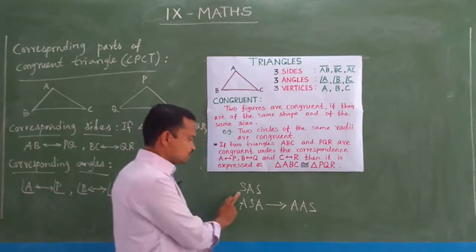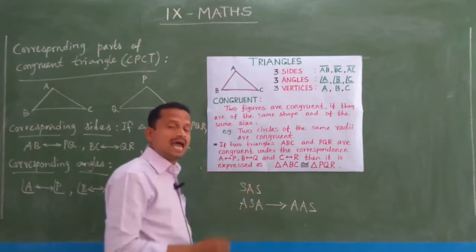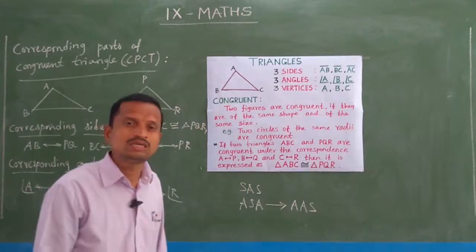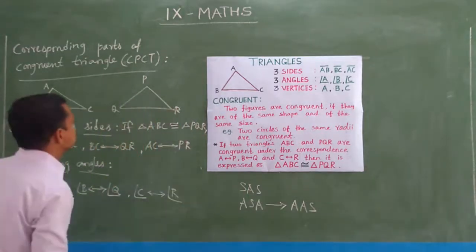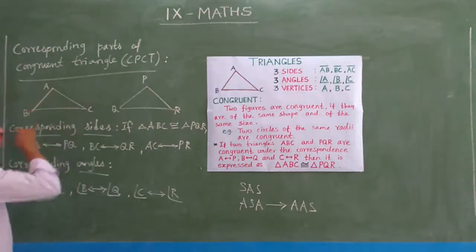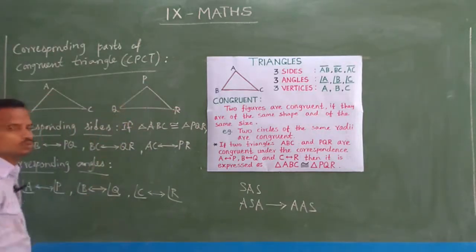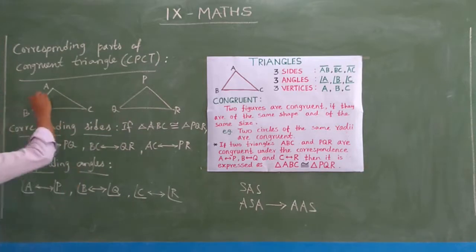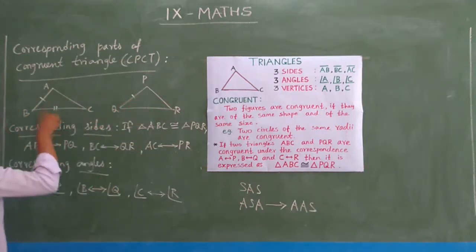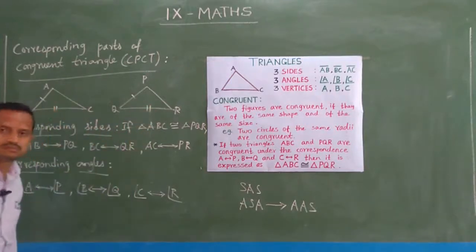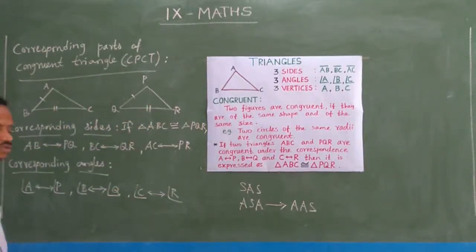That means two sides and the included angle. For example, SAS means if you take AB, here you have to take PQ, and then AC, PR. So the two sides, and the angle is in the center.